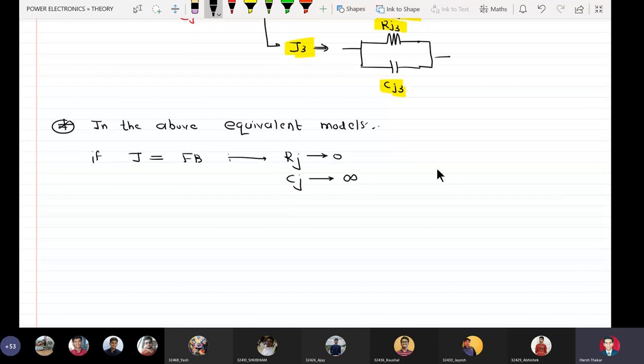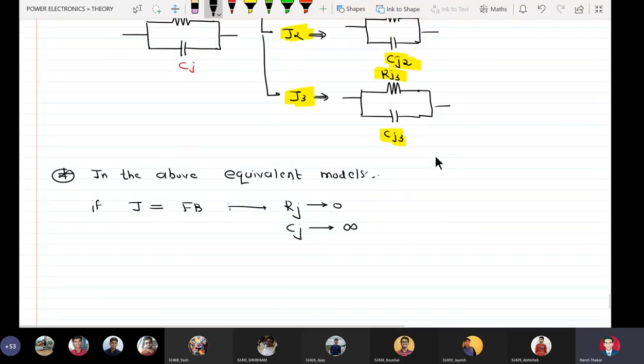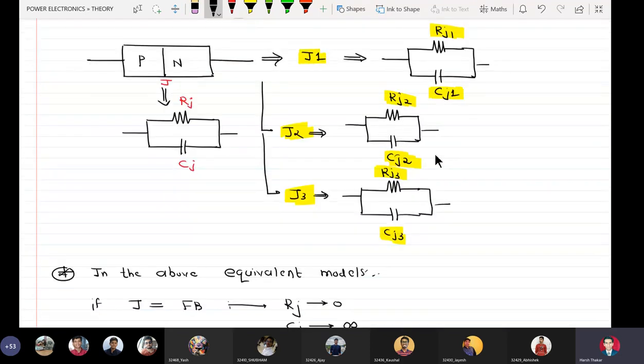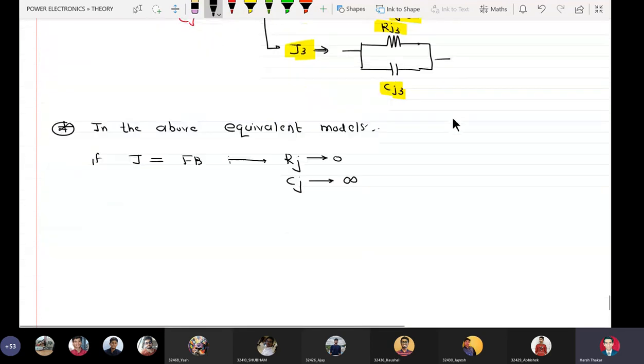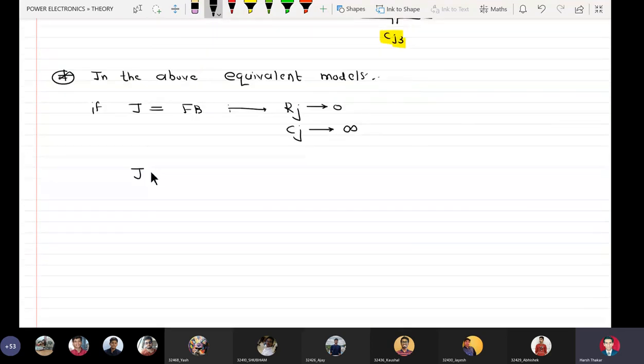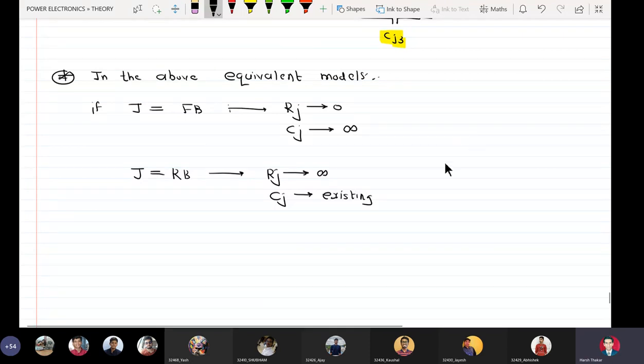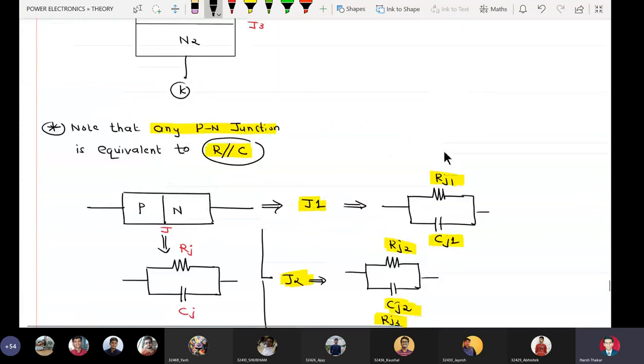So if a PN junction is forward biased, the equivalent resistance tends to 0 and the capacitance tends to infinity. On the other hand, if junction is reverse biased, understand that RJ tends to infinity and CJ is existing. You know that there is something called diffusion capacitance and transition capacitance, right? So one of these capacitances becomes prominent when a PN junction is forward or reverse biased.